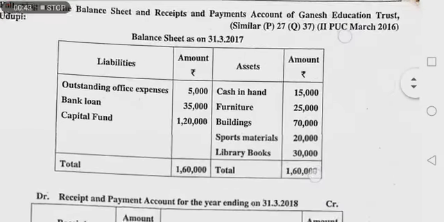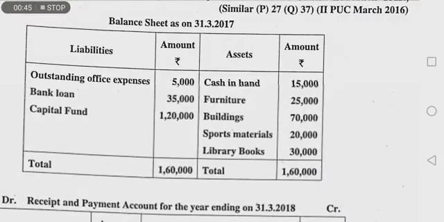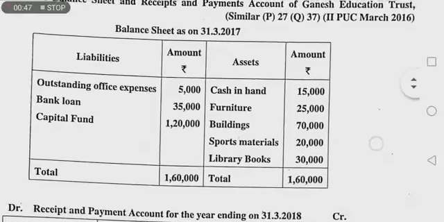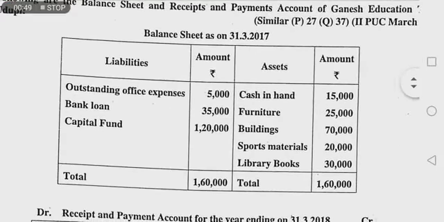So here we have the balance sheet of Ganesh Education Trust for the 31st 3 2017. In this statement we have the details regarding both assets as well as liabilities.